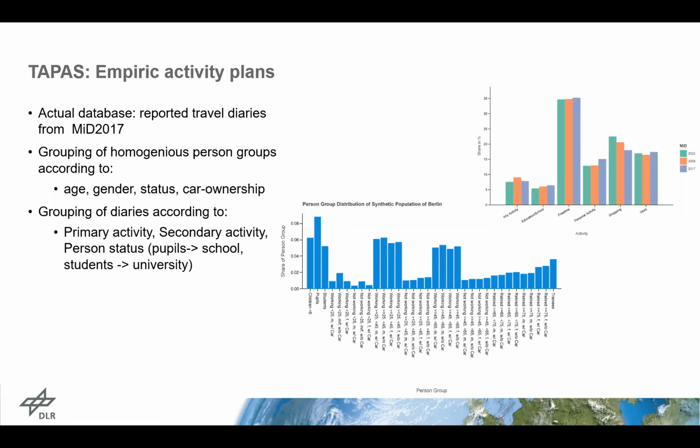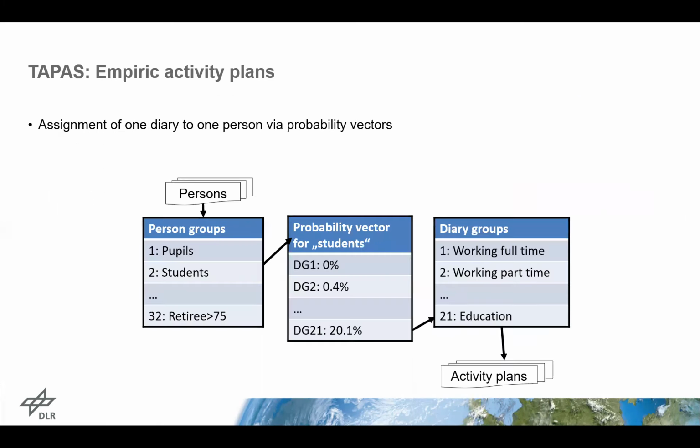If you have these groups, on the one hand the diary groups, on the other hand the person groups, we assign every person a diary by using probability vectors. So for every person group, there's a vector which tells you the probabilities.